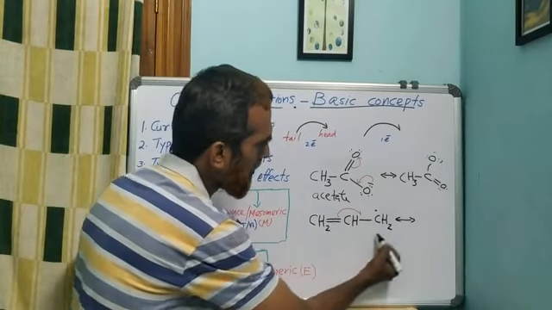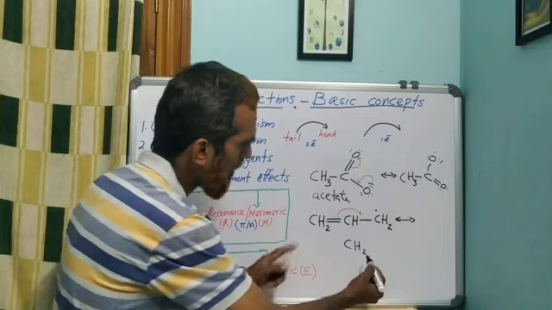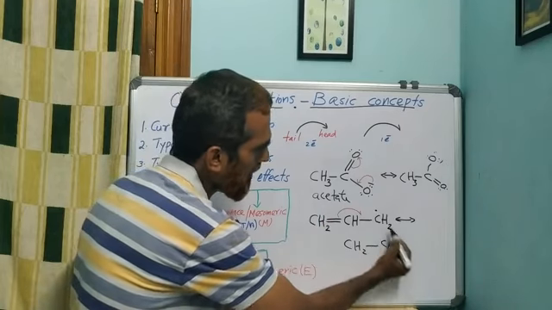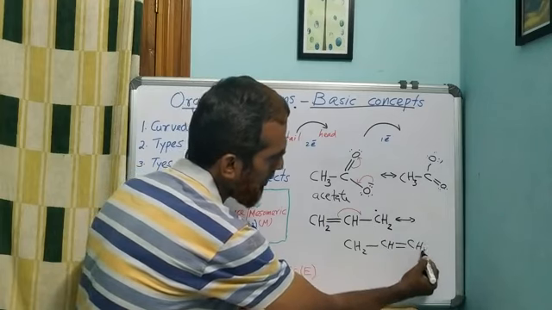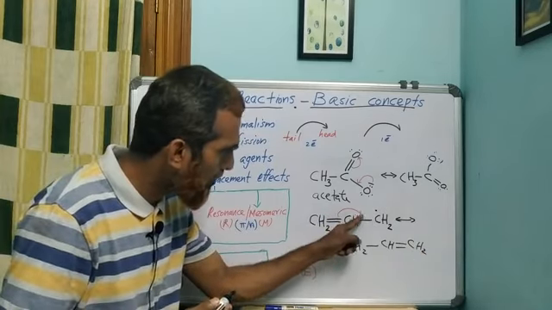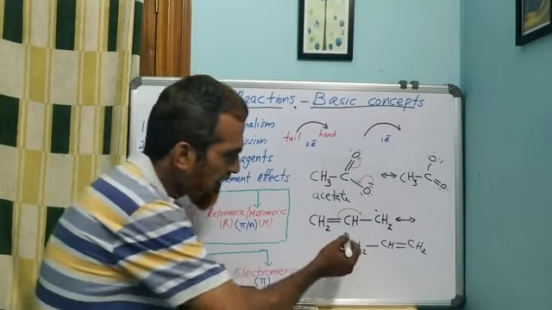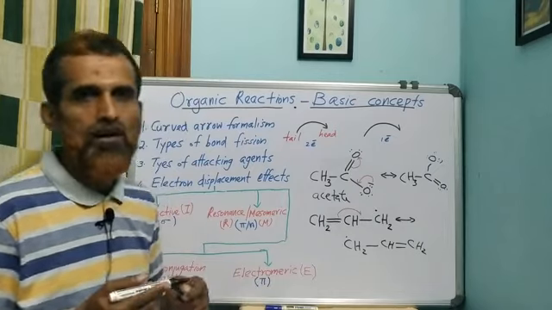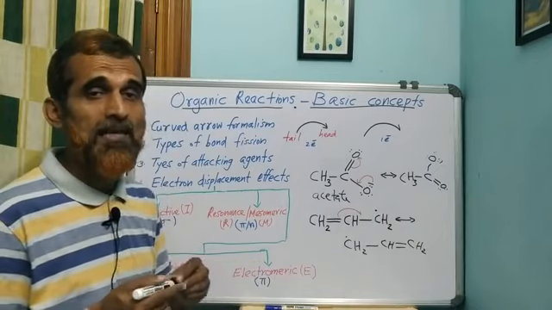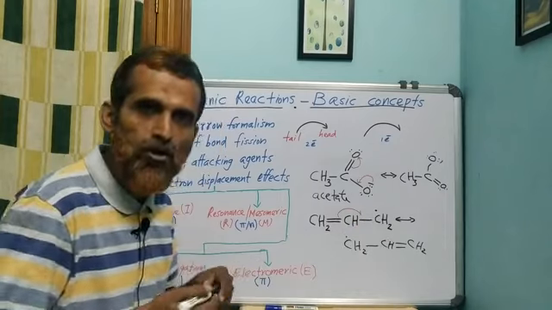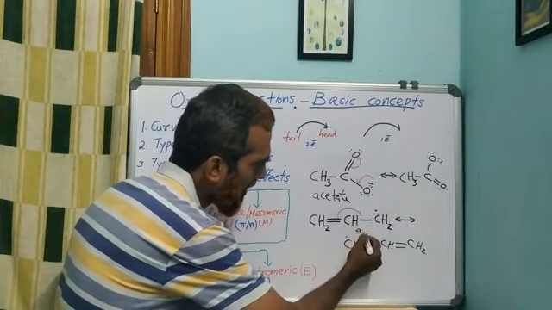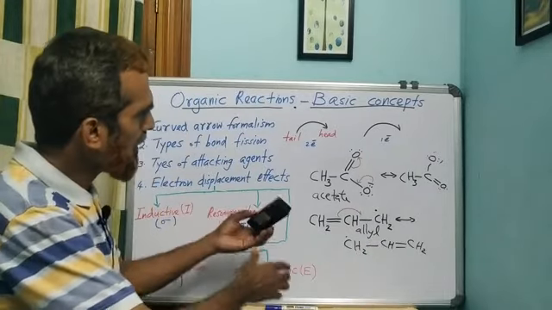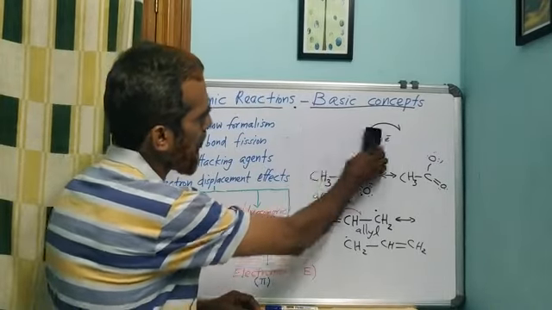So the structure will now be CH2, this bond breaks to a single bond CH, and this is a double bond CH2. You follow? This electron forms the double bond, and the other electron will appear as a radical end, an unpaired electron. So this is resonance stabilization in this species. This is actually called the allyl radical. Allyl is this group. Allyl free radical. Okay, so that's about curved arrow formalism.